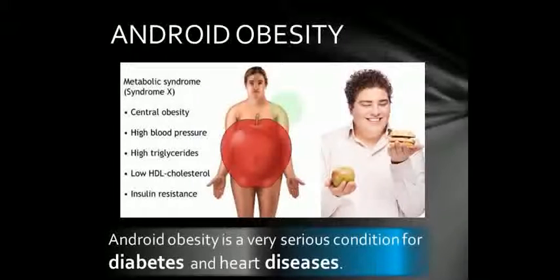What actually happens is that fat accumulates in your body and around your organs. This fat is associated with poor lipid profile, pre-diabetes conditions, heart attacks and strokes. The best way to treat android obesity is to cut down your intake of carbohydrates.